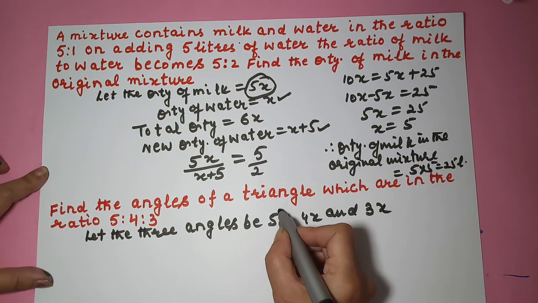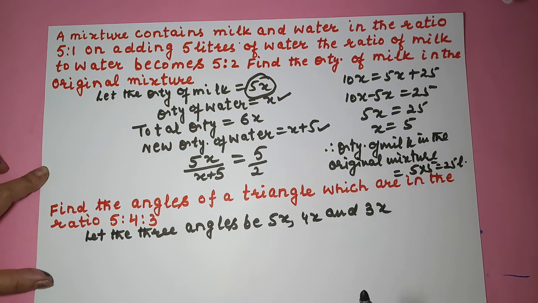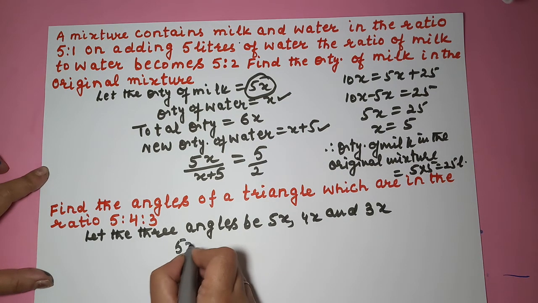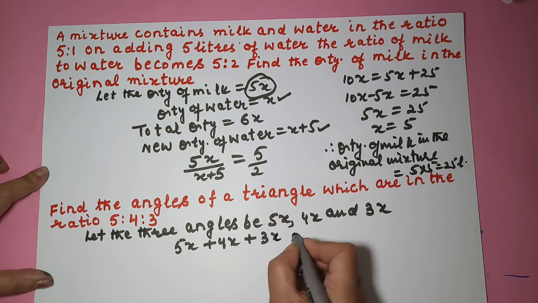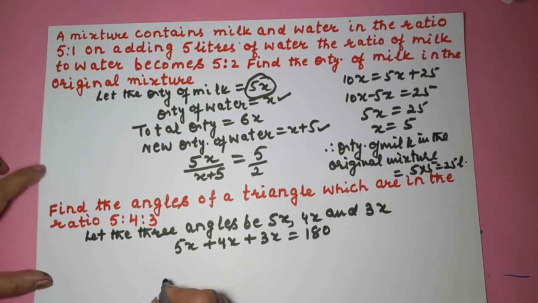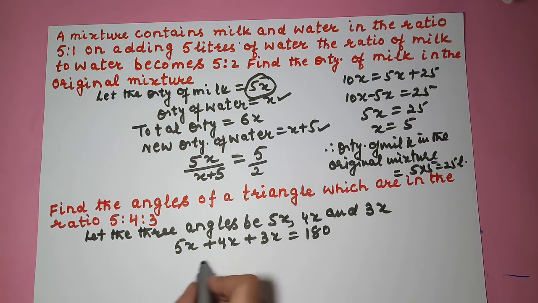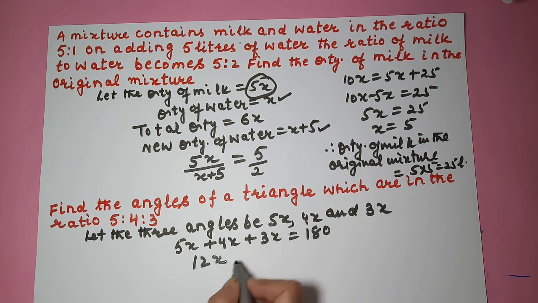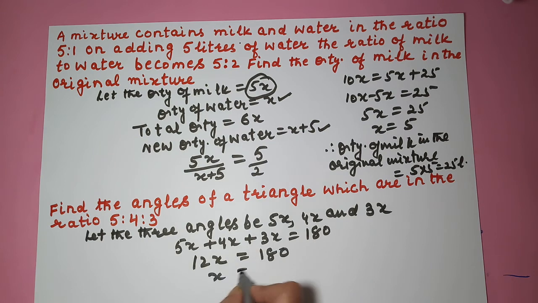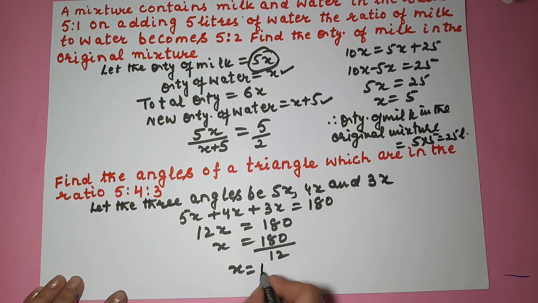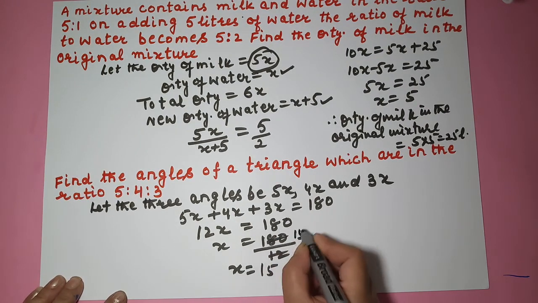Now we know that the sum of the three angles of a triangle is 180. So we will add them up. 5x plus 4x plus 3x is equal to 180. So this is 9. 9 plus 3 is 12x. 12x is equal to 180. So x is equal to 180 upon 12. So you got the value of x as 15 because 12 15s are 180.